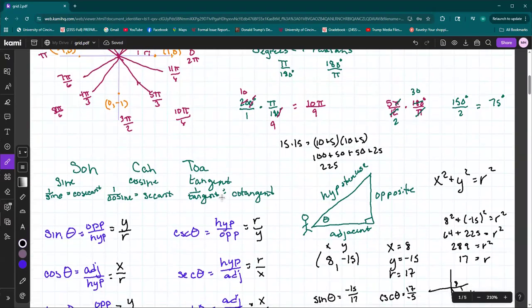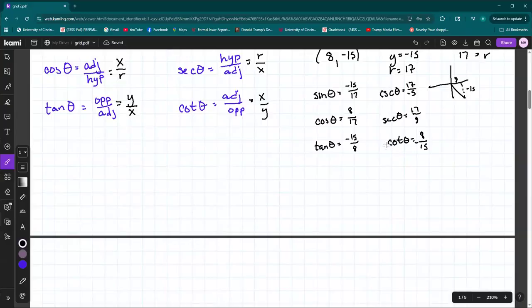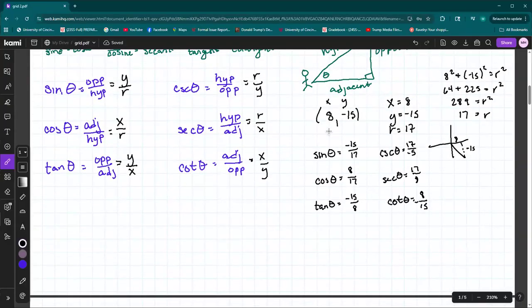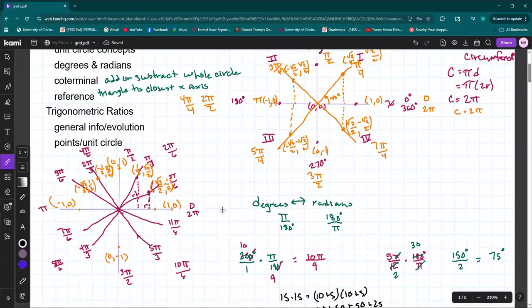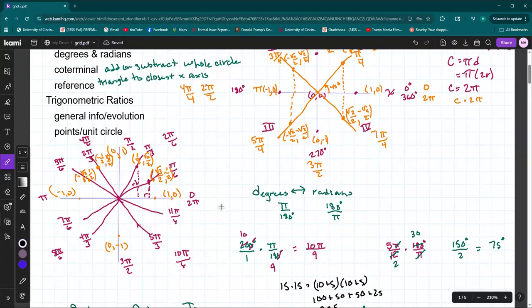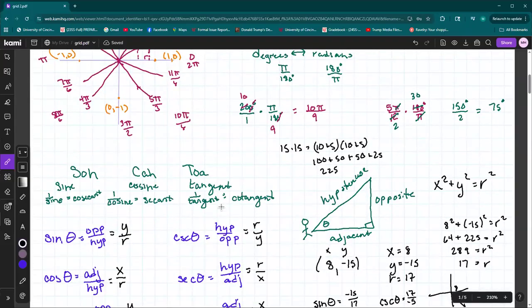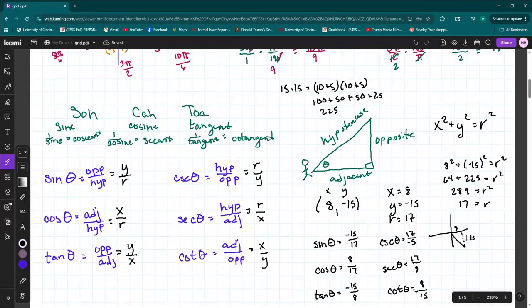So if I give you the coordinates, you can give me all my trig functions. So that's points on the unit circle. We're going to do another video, because this is getting really long, of going backwards. If I give you the sides, can you give me the angle from that? It's really just, yet again, making a right triangle, seeing what you have, and going from there.